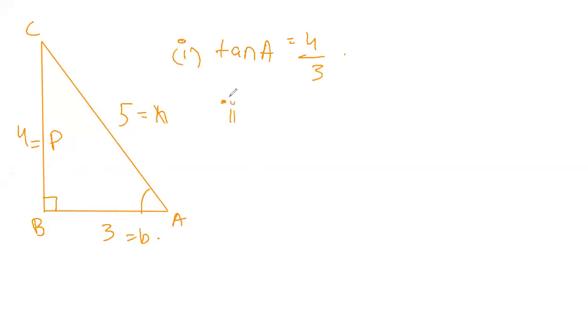And the second question, say for example, they ask you cos A. This is with respect to angle A only, and cos A basically means base upon hypotenuse. So base upon hypotenuse is 3 upon 5.